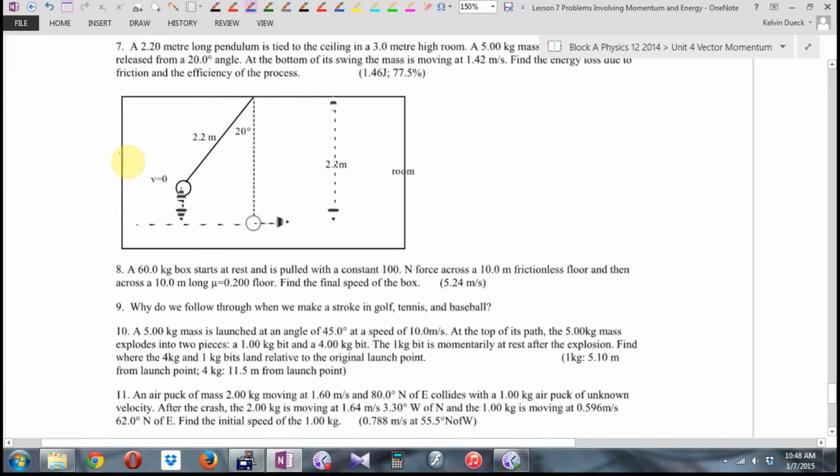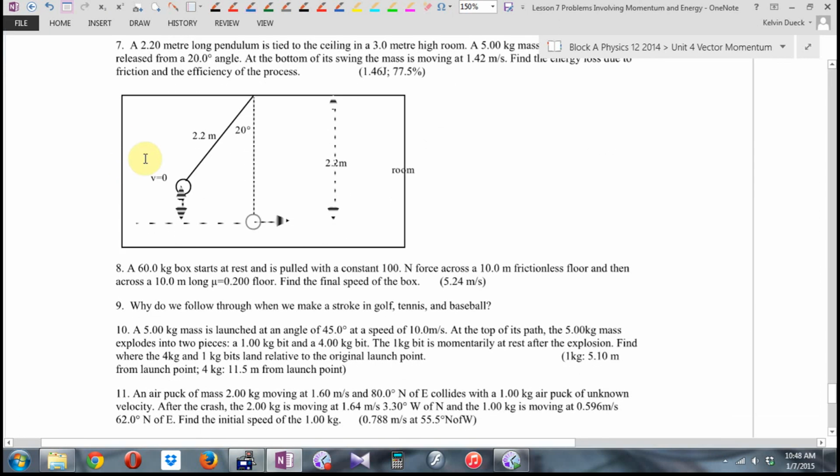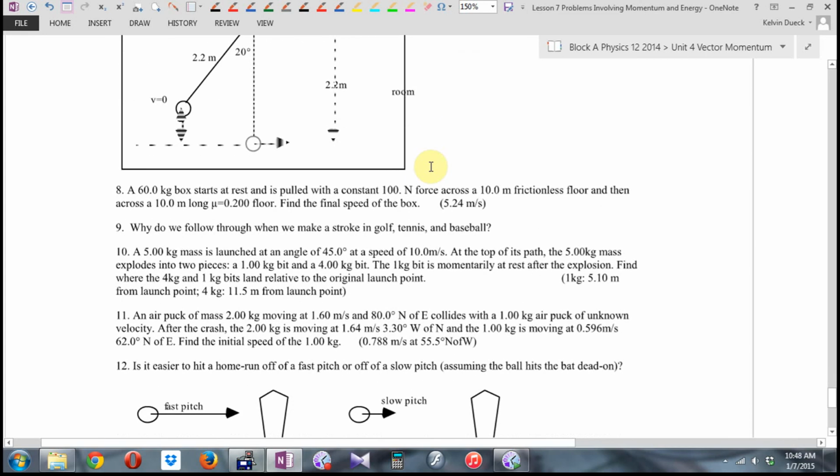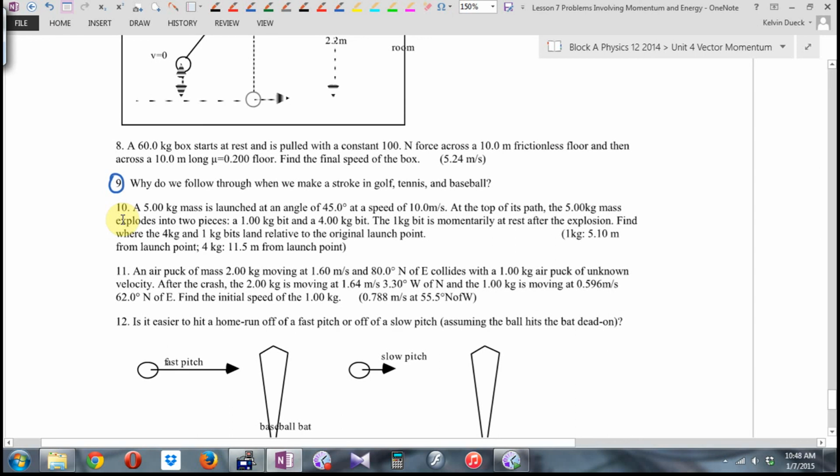7 I'm going to pass on. 9 is good. Whew, 10 is tough. 11 is tough because it's got 2 yucky angles to deal with.